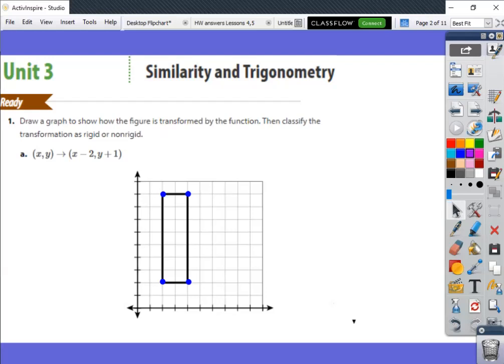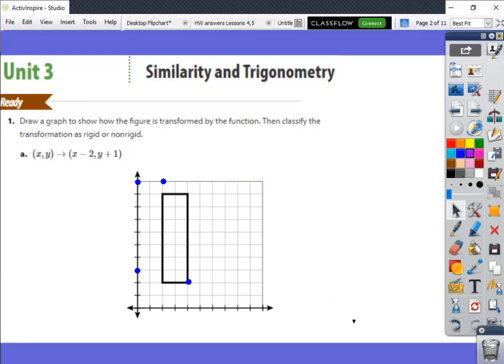So I'm going to look at each vertex here. I have these little circles here at each vertex. And I'm going to take each one. I'm going to move it 2 to the left, 1, 2, and 1 up. That one goes there. Take this one, move it 2 to the left, 1, 2, and up 1. There we go. And I'm going to move this one 2 to the left, and up 1.